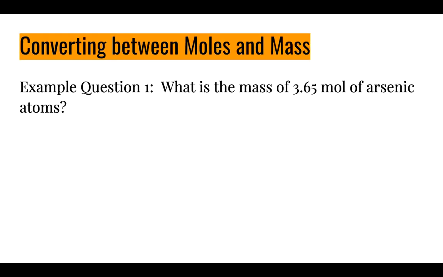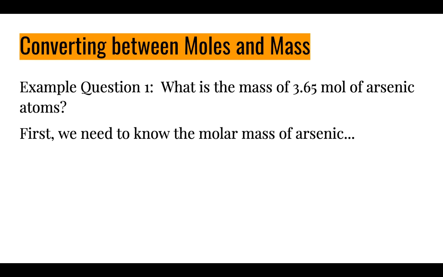So let's look at some examples. What is the mass of 3.65 moles of arsenic atoms? First of all, we're going to need the molar mass of arsenic, and we can get that from the periodic table. It's 74.92 grams per mole.